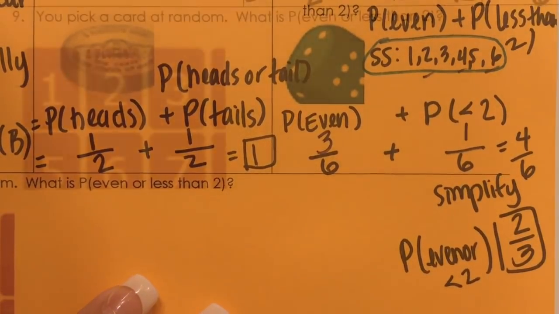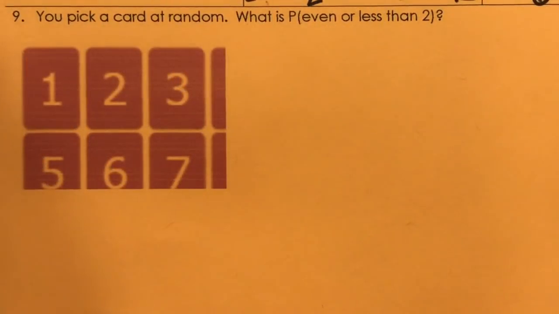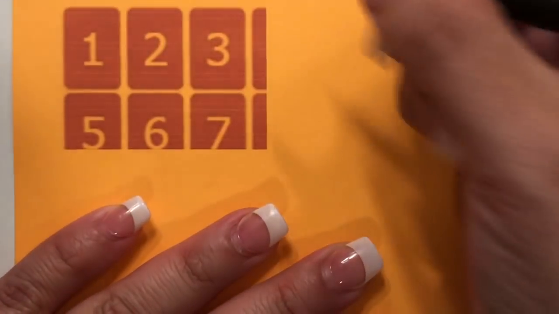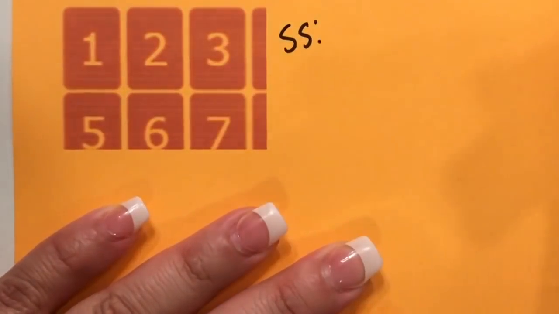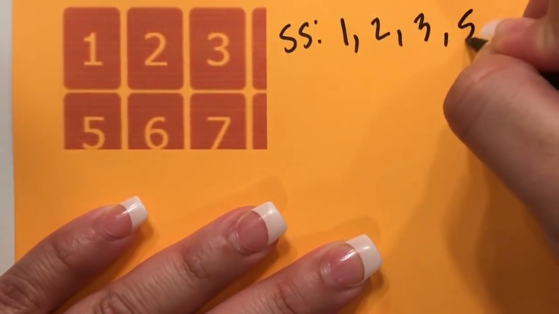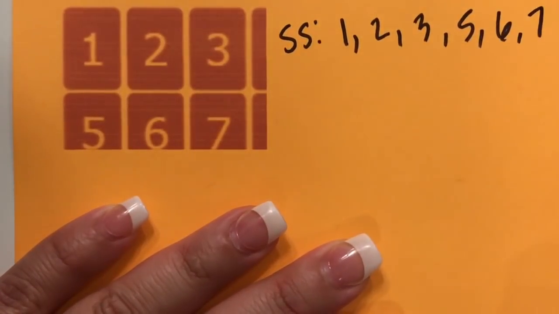Okay, now lastly, pick a card at random. What is the probability of picking an even or less than 2 card? This cut this off, but these are the cards we want. We know that our sample space is going to be 1, 2, 3, 5, 6, and 7.